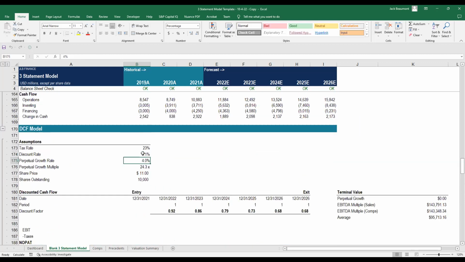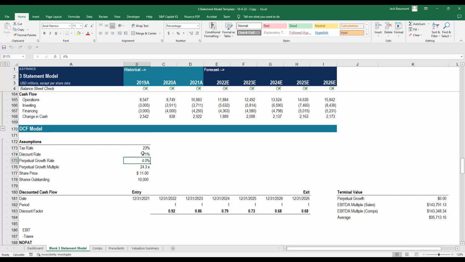The perpetual growth rate is like a stabilized growth rate. This is a 5-year DCF.